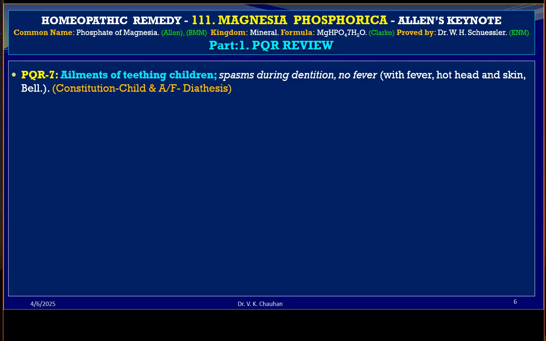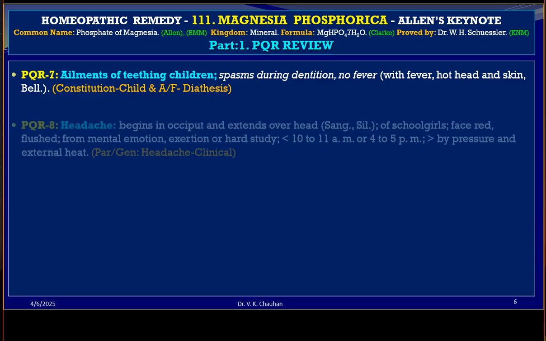But if there is no fever and it is during dentition, the age and phase you will find here is children. The dentitional period of life is approximately 6, 7, 8 months old. So they are infants. Generally, in the infantile period, you will find this is the best suited medicine, Mag phos. And let us go to the next.